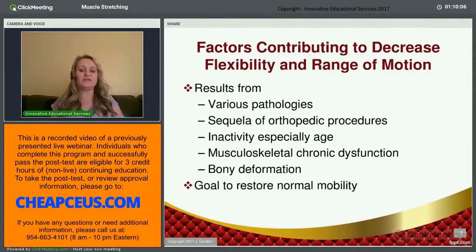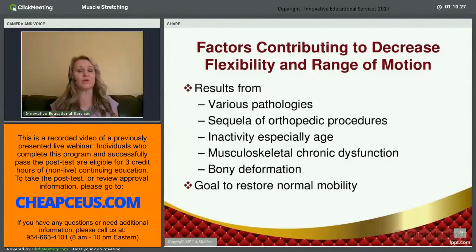If they have a decrease in their range of motion and flexibility, there are many reasons this can happen. Possibly they have a specific pathology that involves the joint, maybe osteoarthritis, or they have ligament and tendon pathology that is restricting their range of motion.